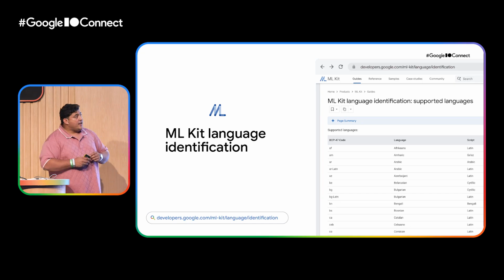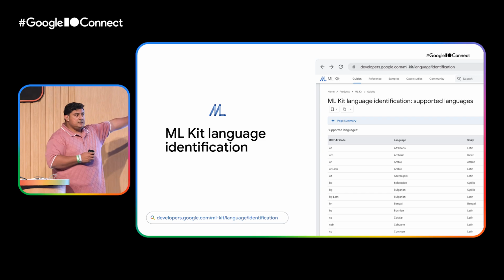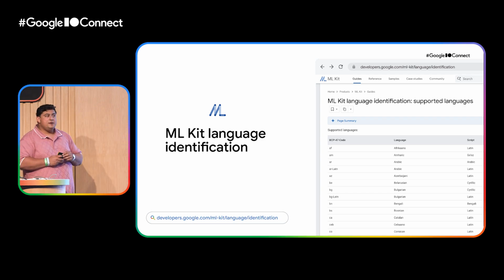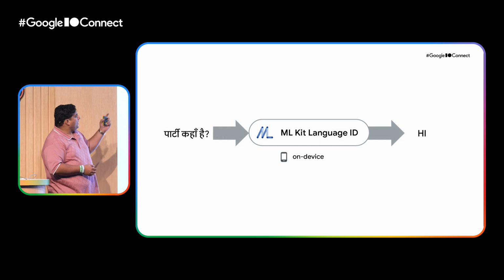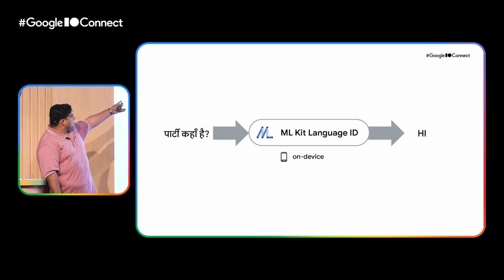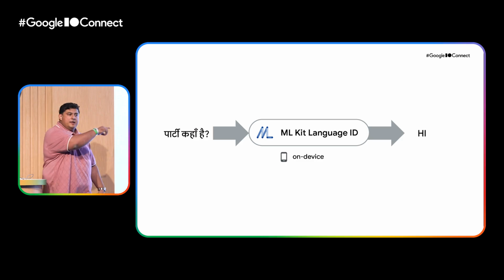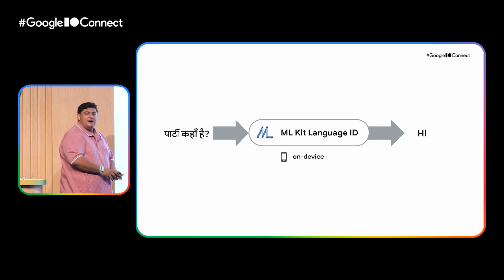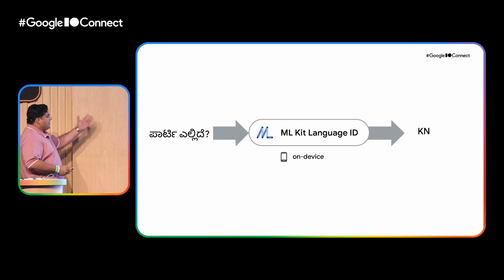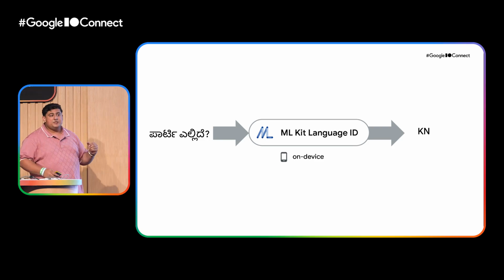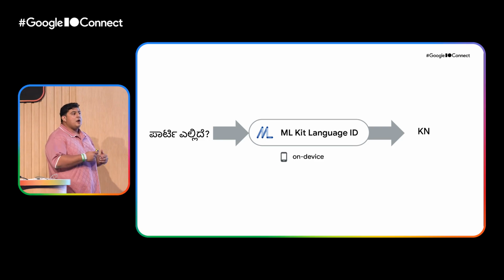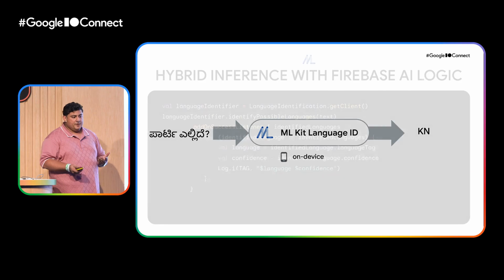That's where we will use the ML Kit language identification API. This is running on device. So if you pass a string to it, like "party kahan", it will identify it as HI, that's not "hi", that's HI for Hindi. And if you give a Kannada string, it will give you KN. So based on this mapping, you can understand what language the user is actually typing in.